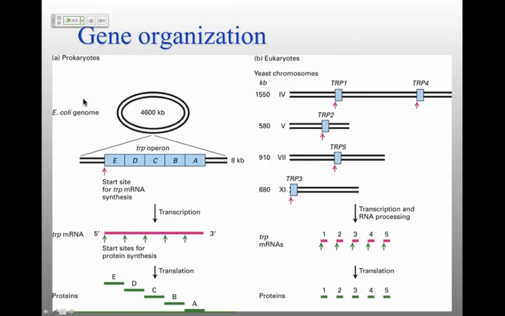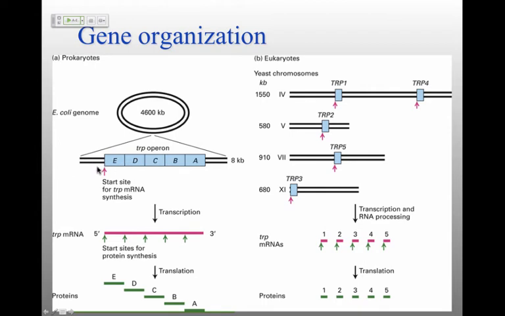In bacteria, almost all the time you have multiple genes that are all right together, which are being transcribed at the same time by the same polymerase under basically identical conditions. And so you have what's called an operon structure. We have multiple different coding sequences which are going to end up coding for different proteins.